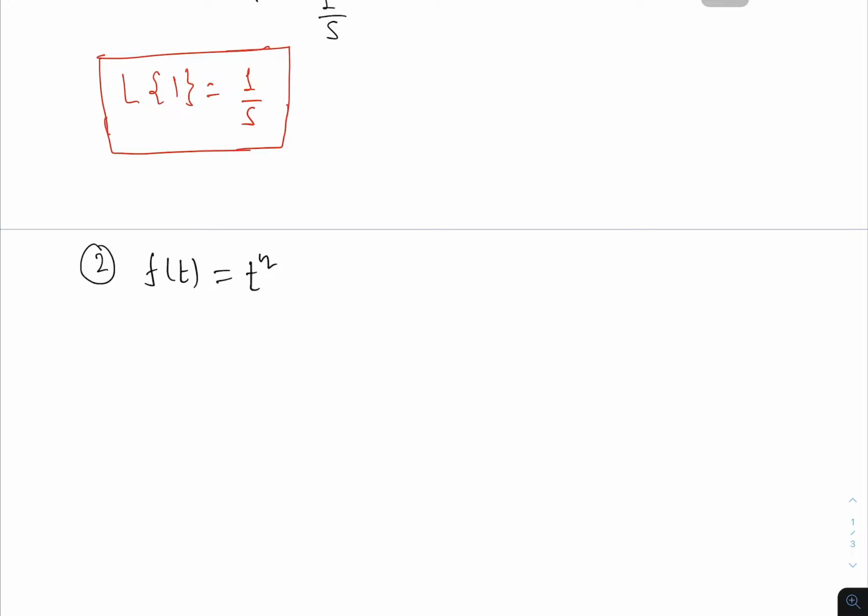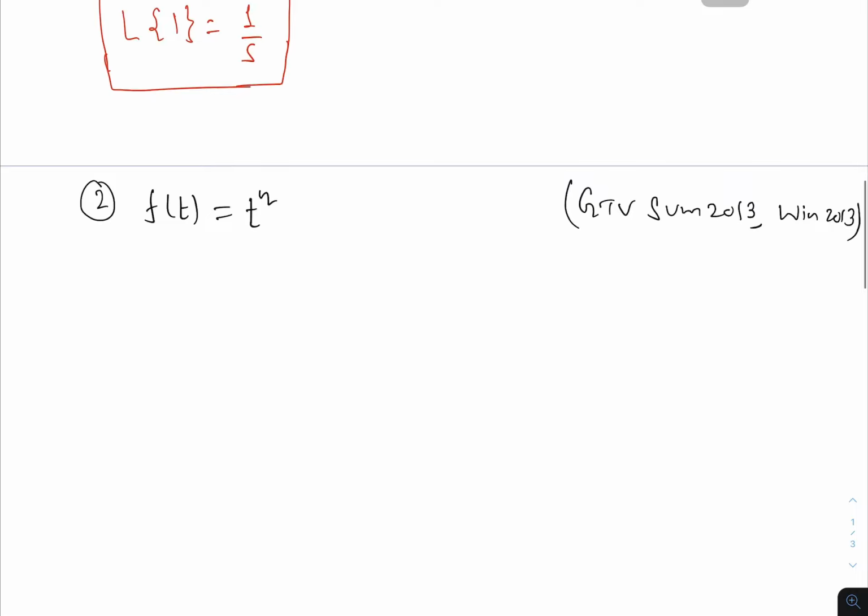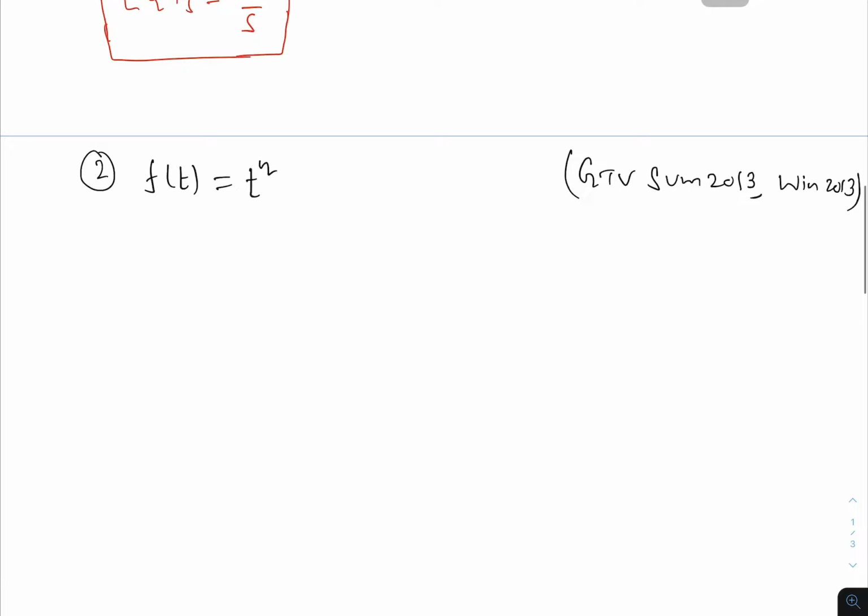This was also asked in GTU summer 13, even winter 13. Now n should be greater than minus 1 here. That means n plus 1 is positive also.